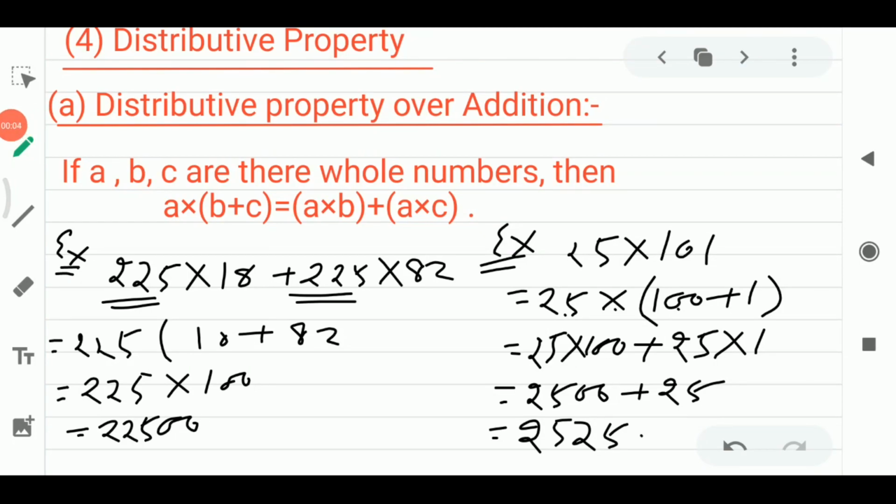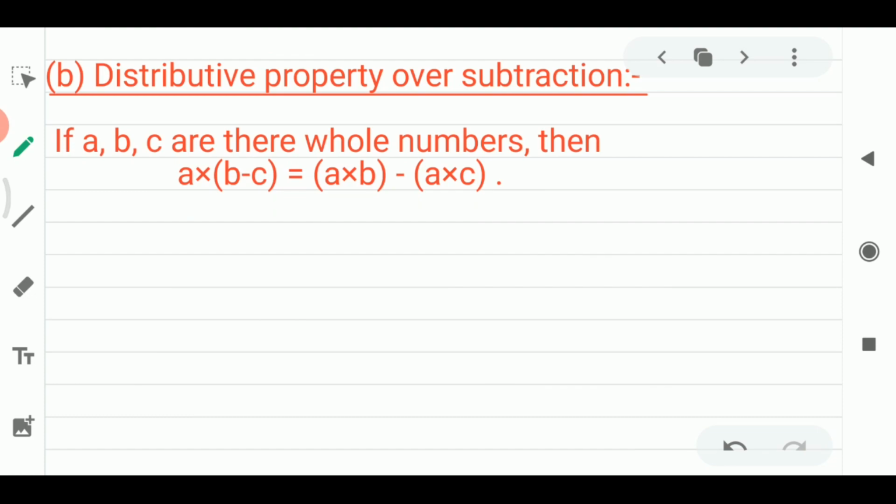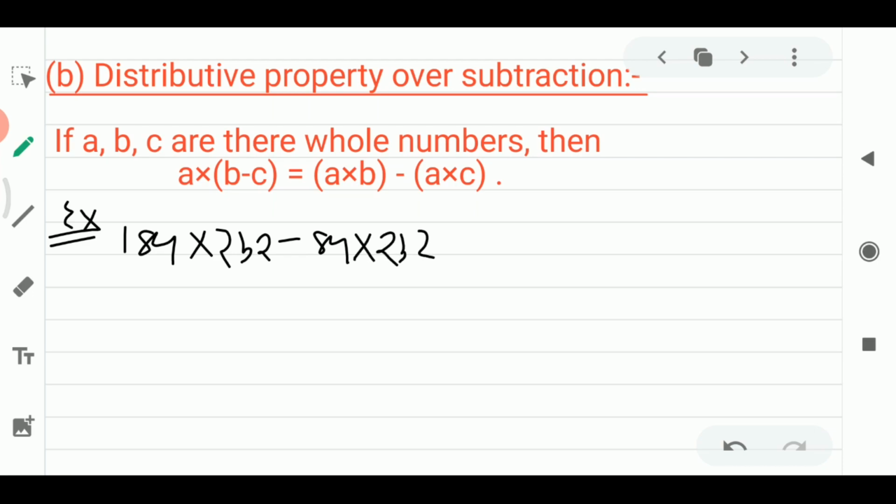Then come to next. Next is distributive property over subtraction. If a, b, c are three whole numbers, then a into b minus c is equal to a into b minus a into c. Let's take some examples. Suppose the question is solve 184 into 232 minus 84 into 232. Now look at this question.